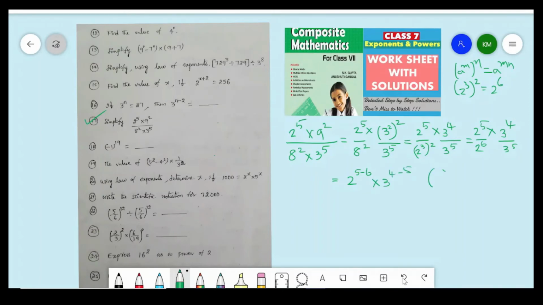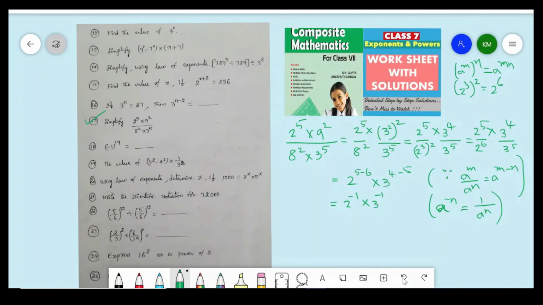Which formula used here? a power m divided by a power n is equal to a power m minus n, formula I used. So therefore it is becoming 2 power 5 minus 6 and 3 power 4 minus 5. Now this is equal to 2 power minus 1 multiplied by 3 power minus 1. Again we have a formula: a power minus n equal to 1 by a power n.